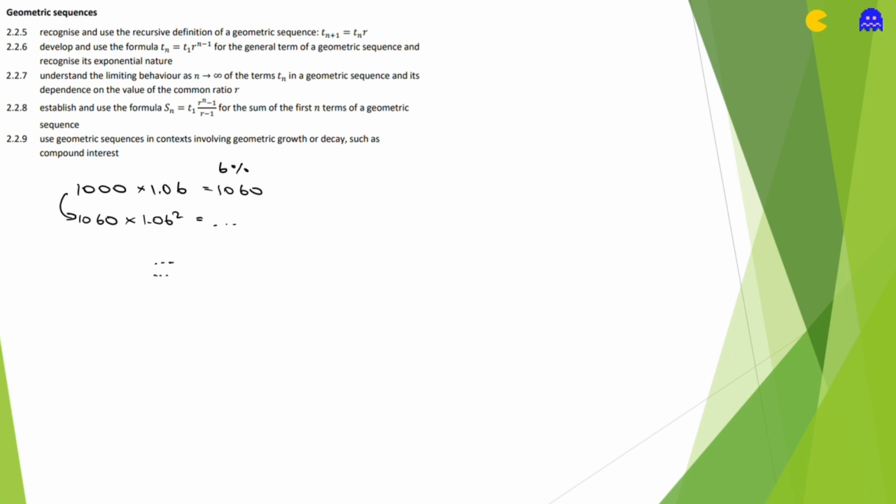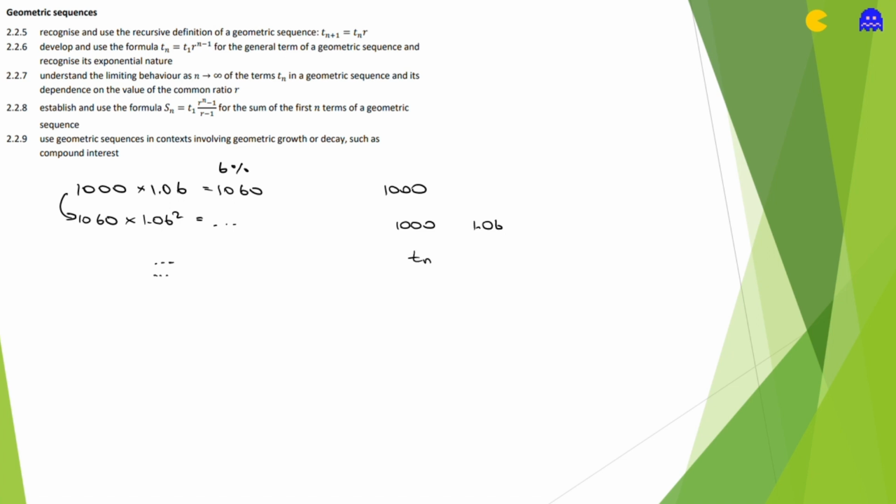So, if we initially have our initial value 1,000, and we consider how much money we have, it will be equal to a geometric sequence with initial term 1,000 and common ratio 1.06.